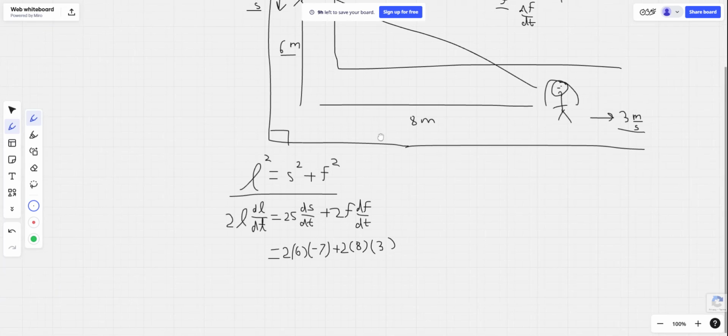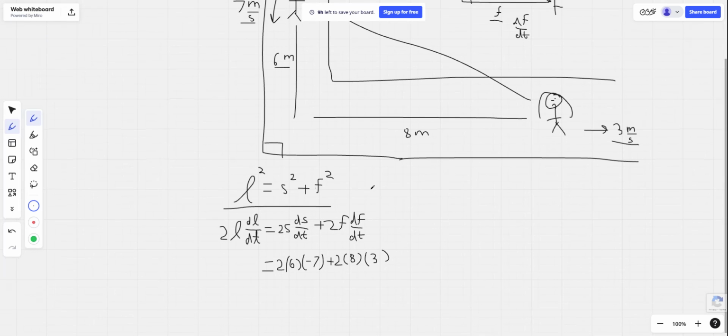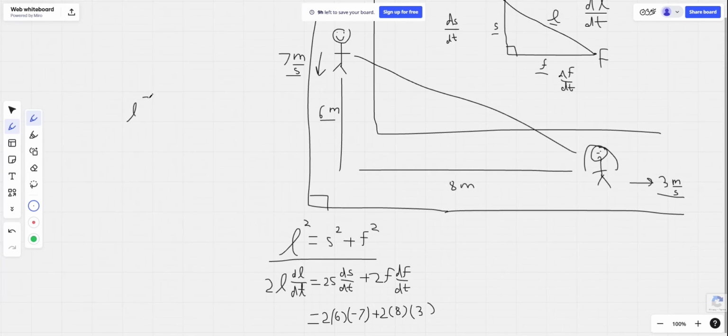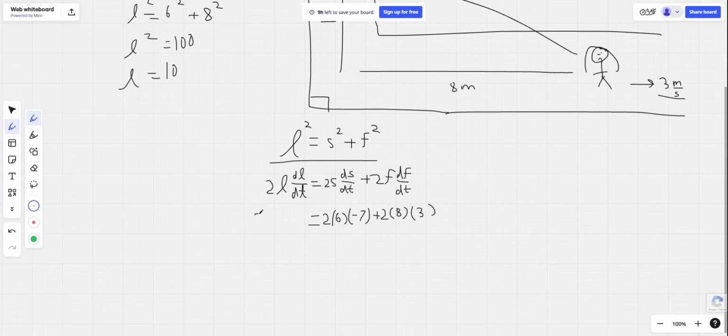And we're not explicitly given L, but we do have this equation here. L squared equals, now we plug in 6 squared plus 8 squared. So L squared equals 100, giving us L equals 10. So on the left-hand side, plug in 10 here, and we don't know dL over dt, but that's fine because that's exactly what we're solving for.